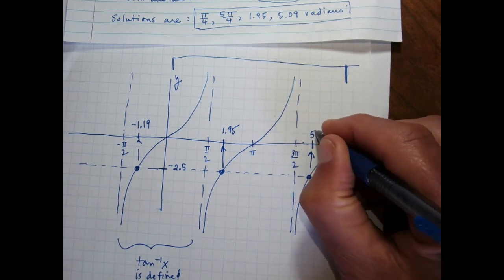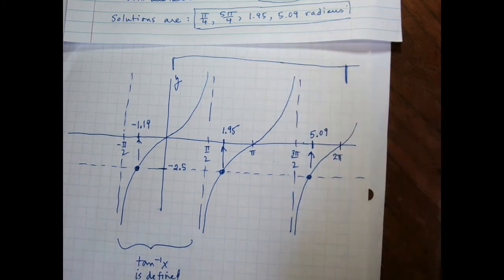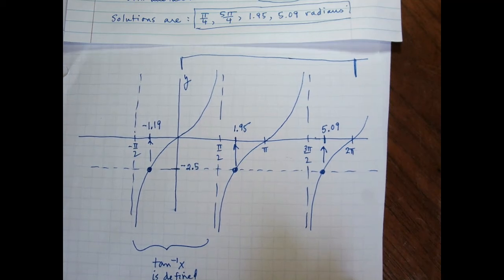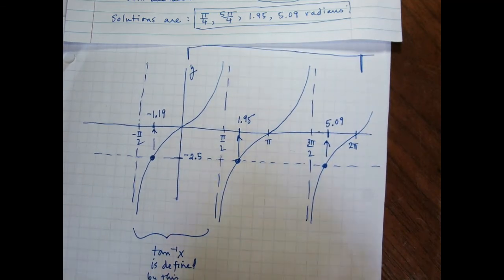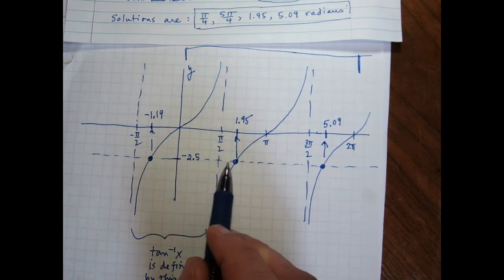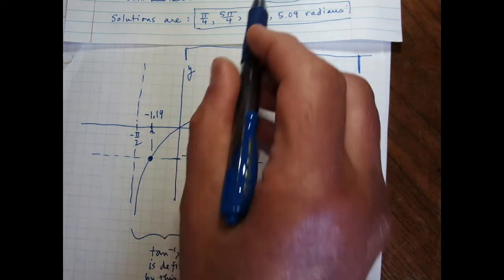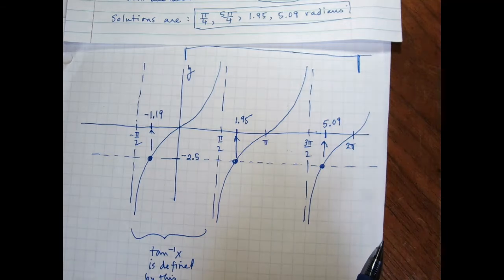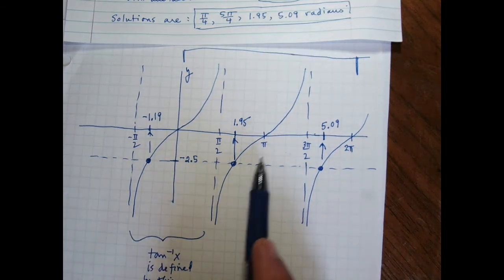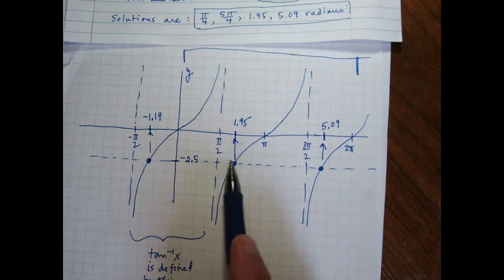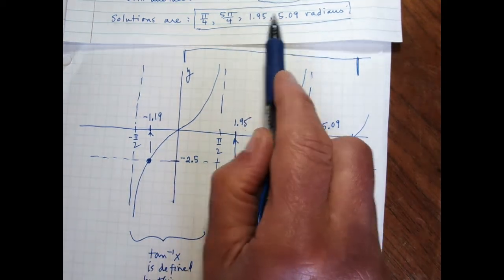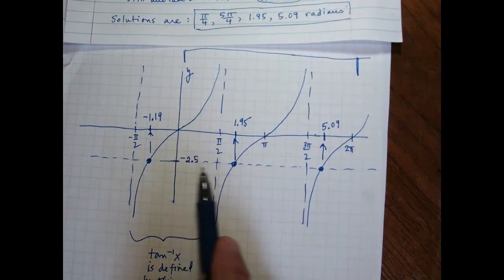This is where my 5.09 value is. So, maybe I'm getting a little carried away here, but I just think graphically it's nice to see the sense of where these strange numbers are coming from. They're input values, x values, that give us an output of negative 2.5 for tangent and happen to lie between 0 and 2 pi.